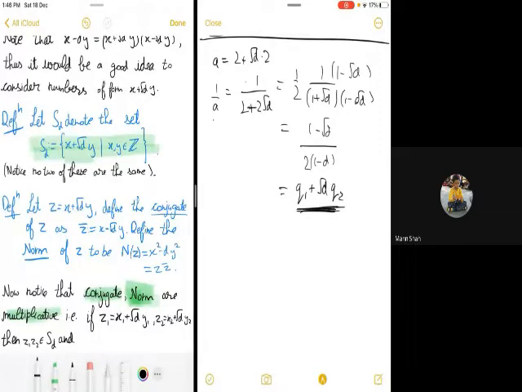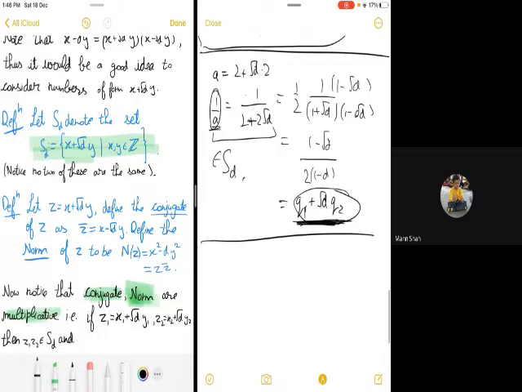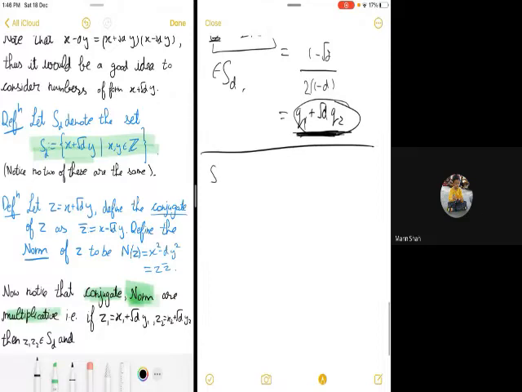Because of the same thing, 1 over A has a unique representation of this form, so it doesn't necessarily belong to S_d. But we'll see something like this over elements in S_d which are solutions of Pell's equation.